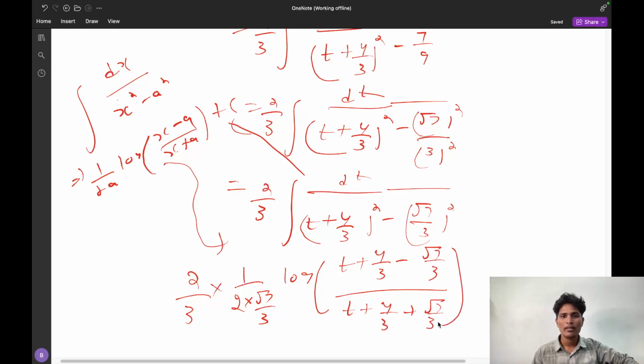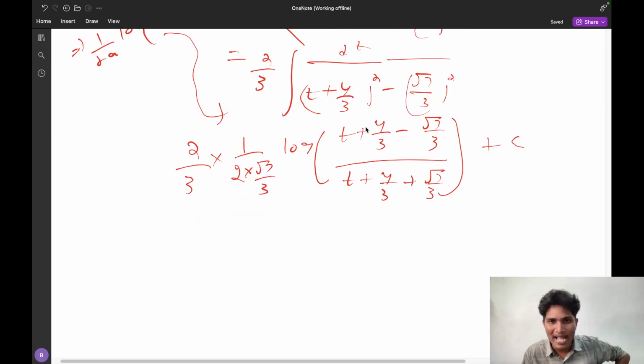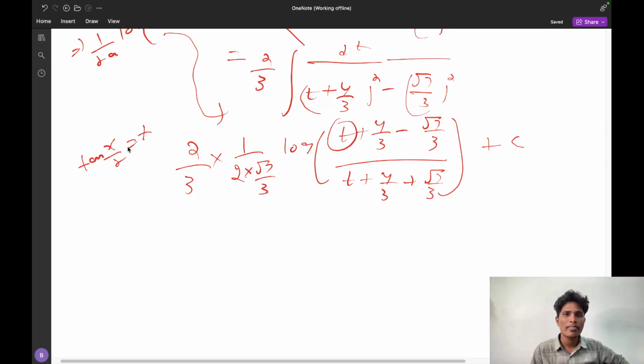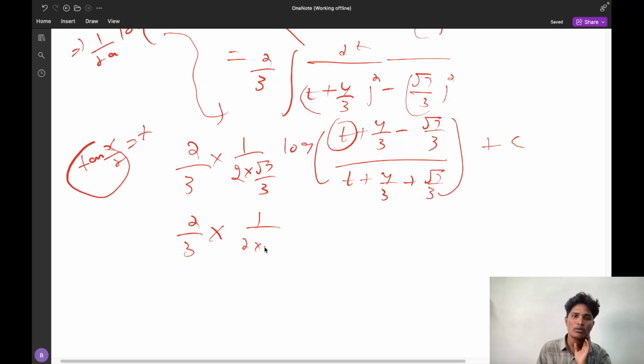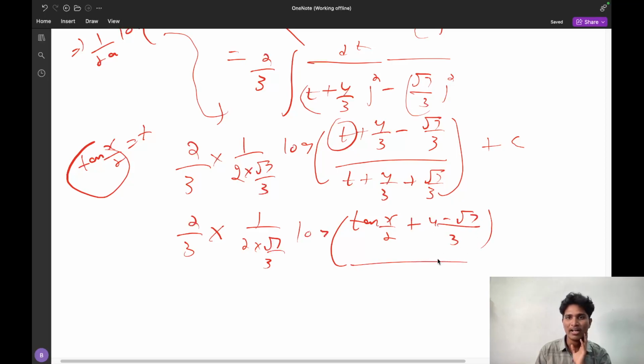Plus c, and we have to back substitute the t value. What is t? tan x by 2 is equal to t. We have to substitute t as tan x by 2. So the answer will be 2 by 3 into 1 by 2 into root 7 by 3 log of tan x by 2 plus 4 minus root 7 by 3 divided by tan x by 2 plus 4 plus root 7 by 3 plus c.